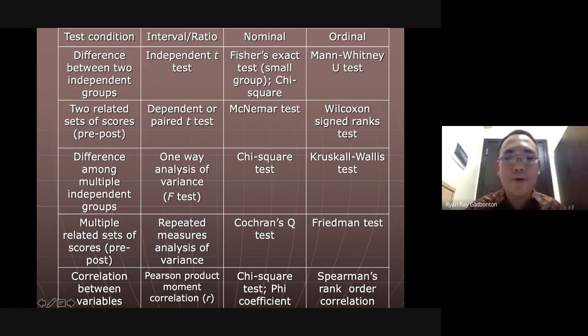Kung correlation yan, meaning i-correlate mo yung dalawang variables, you use Pearson product moment correlation or the Pearson R for interval or ratio level of measure, chi-square or phi coefficient for nominal data, or Spearman's rank order correlation for ordinal data. Okay?